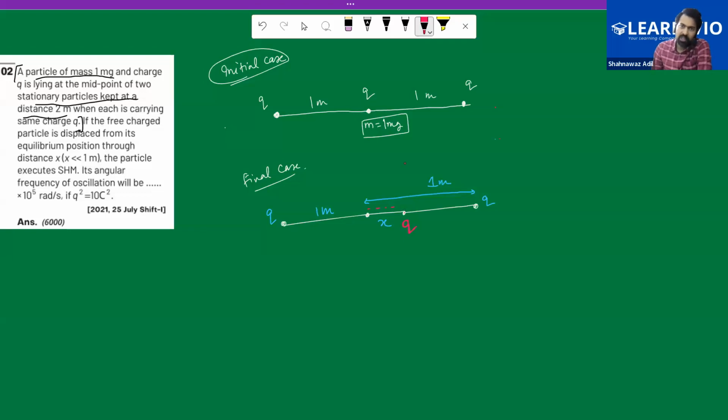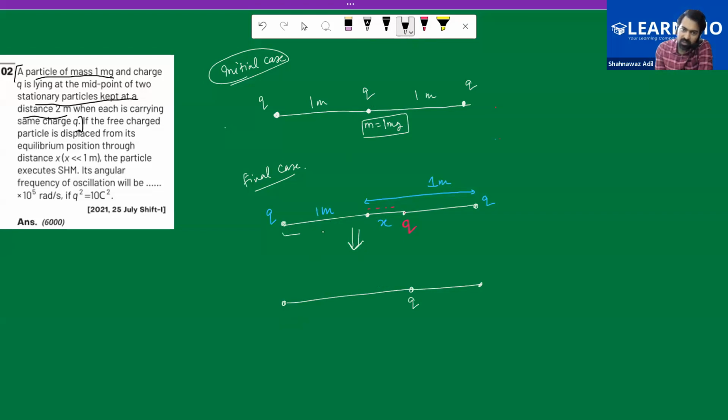Yes, sir. So now if I draw this diagram clearly, we have this case. Right, so how much is this distance? This was 1, and then we have displaced this thing at x distance, so this is x.